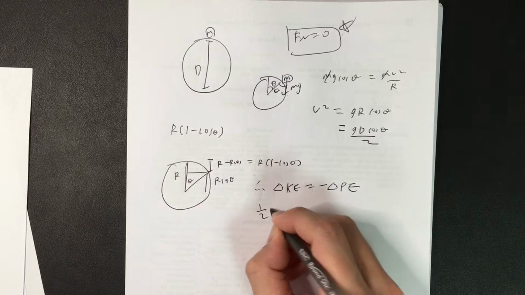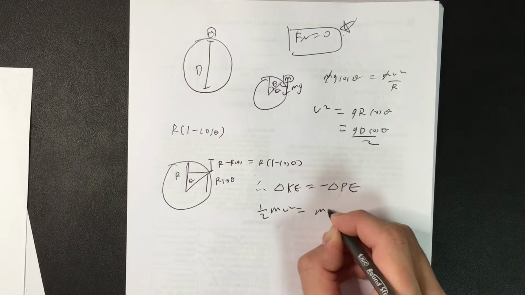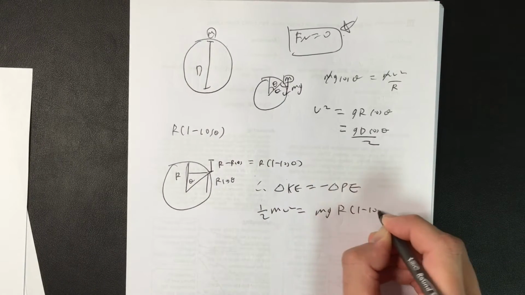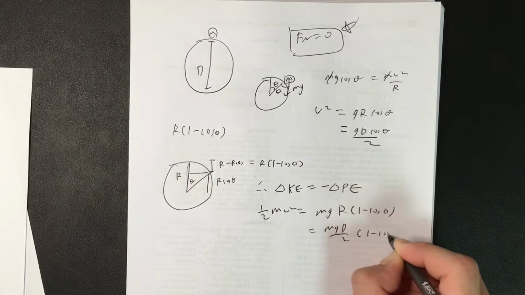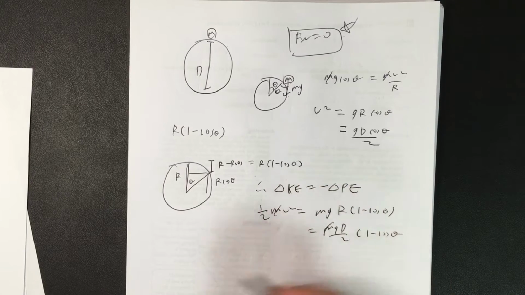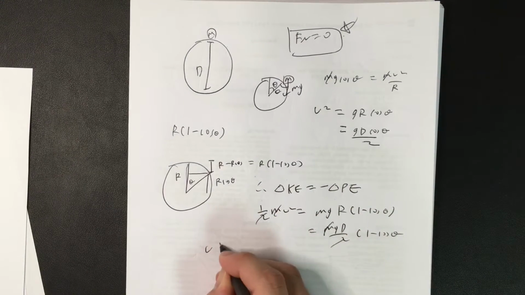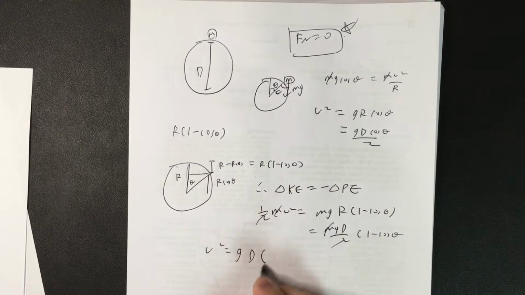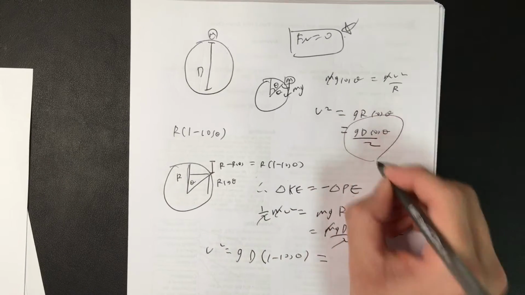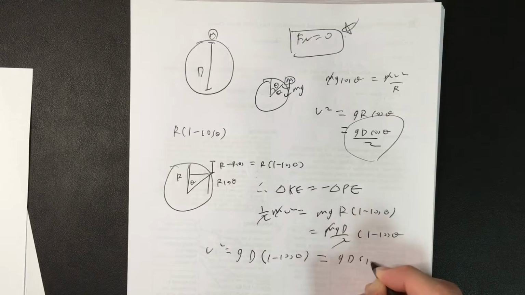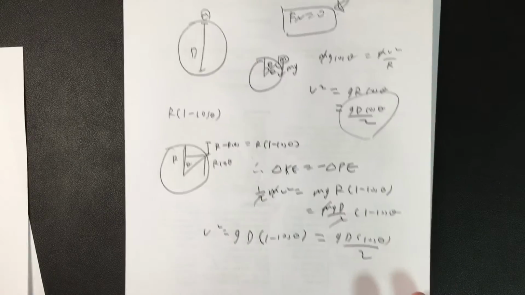Therefore, since energy is conserved, the change in kinetic energy should equal the negative change in potential energy. Therefore, 1/2 mv squared equals mgr times 1 minus cos theta, which is mgd over 2 times 1 minus cosine theta. And solving for v squared, I get v squared equals gd times 1 minus cosine theta, which again from before equals gd times cosine theta over 2.